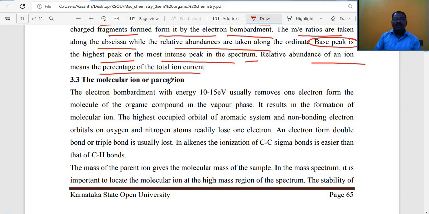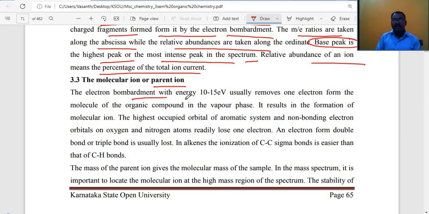In that, molecular ions are parent ions. Electron bombardment with energy of 10 to 15 electron volts usually removes one electron from the molecule of the organic compound in the vapor phase. It results in the formation of the molecular ion.